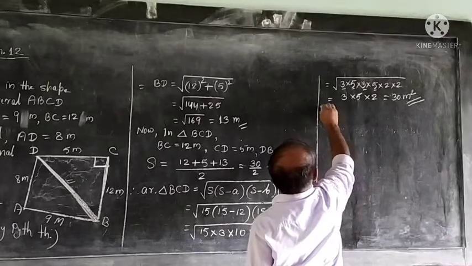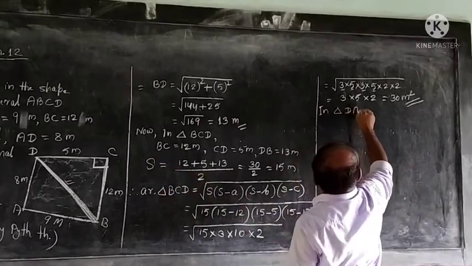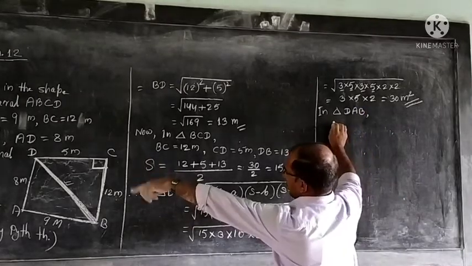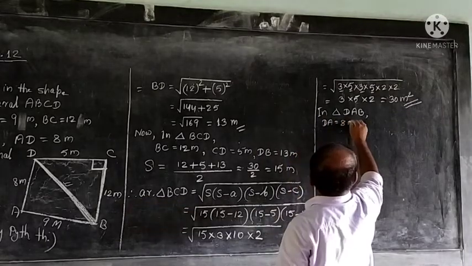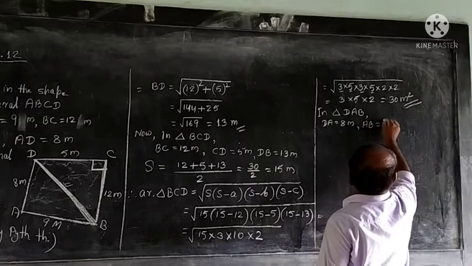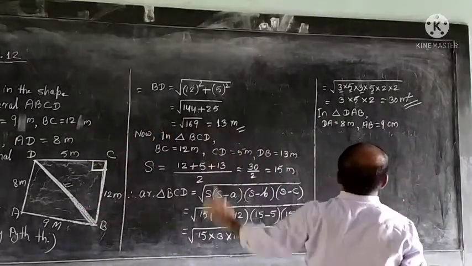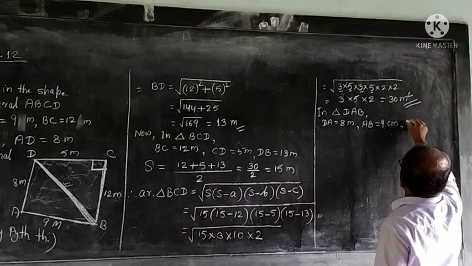In triangle DAB, you can see the figure and write down the sides. DA is 8 meters, AB is 9 meters, and the third side is the diagonal we have calculated, that is 13 meters, whether we write it as BD or DB.